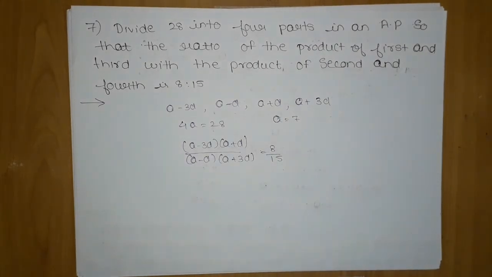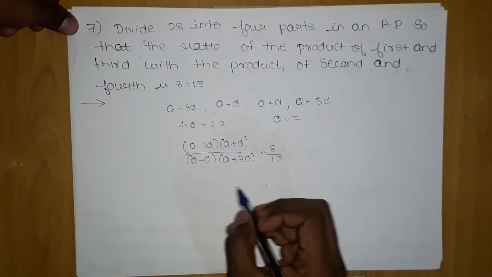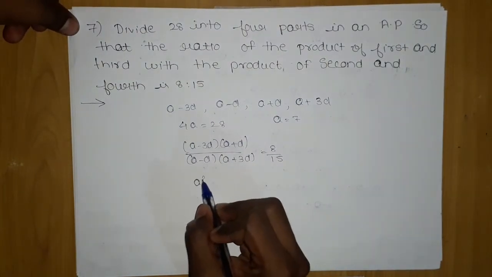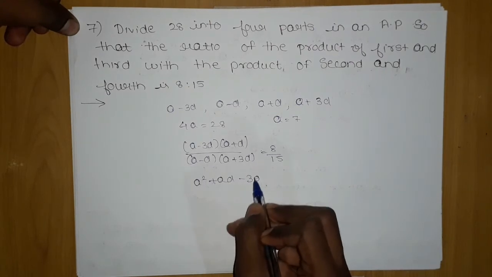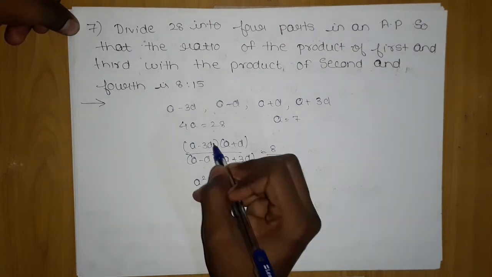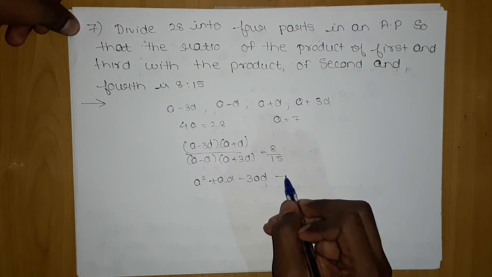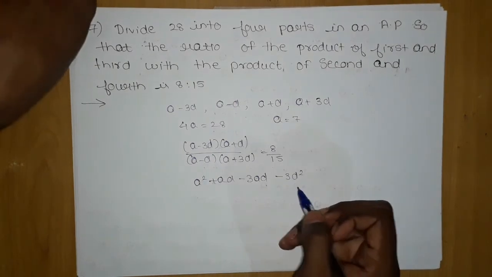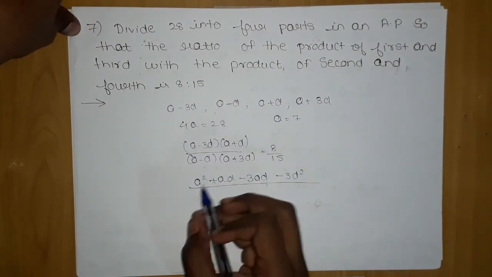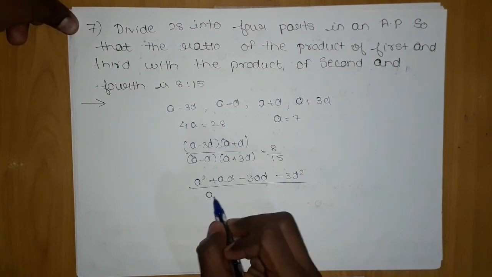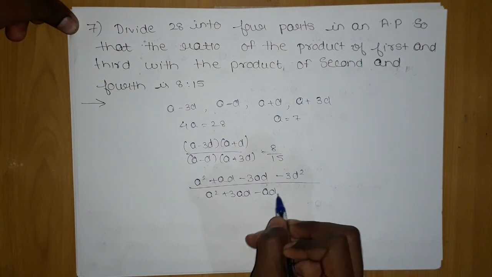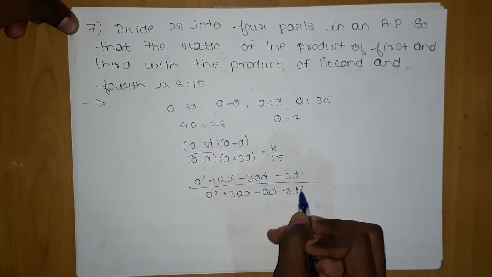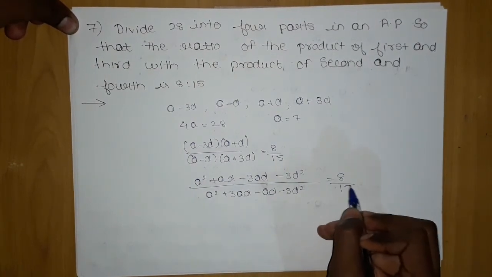Now the calculation gets: a square plus ad minus 3ad, minus 3d square, upon a square plus 3ad minus ad minus 3d square should be equal to 8 by 15.